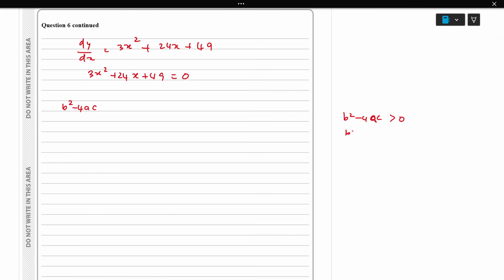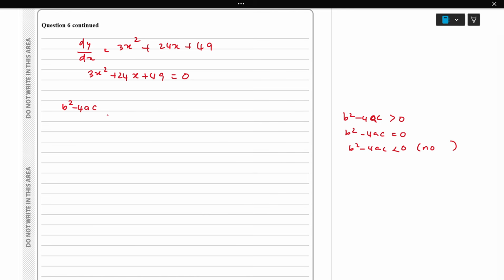If b square minus 4ac equals 0, there is one stationary point. If b square minus 4ac is less than 0, there is no stationary point, which means no turning points.